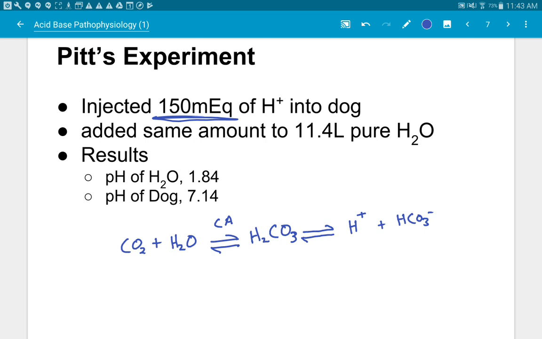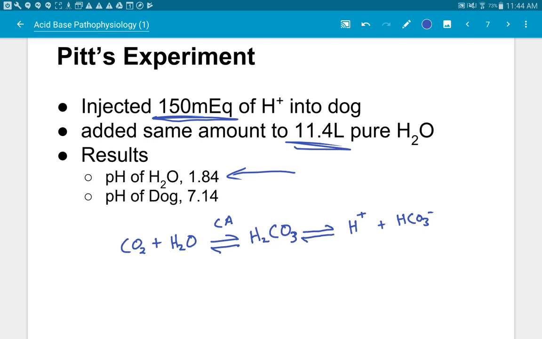No joke. And then he did the exact same amount into about 11.4 liters, which he estimated being the same amount of fluid as what's in the dog. Okay? And then he measured the pHs. And the water had been at 7, and the dog had been at 7.4 or whatever. And then he measured the pHs afterwards. And what happened? The pH of the water was 1.84.